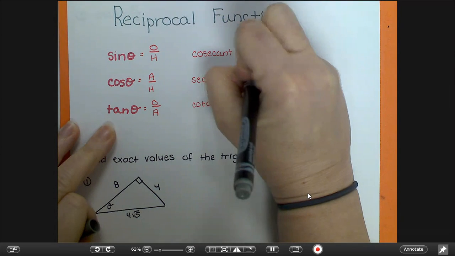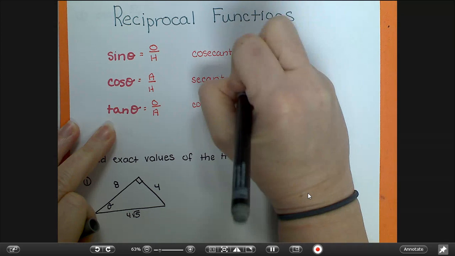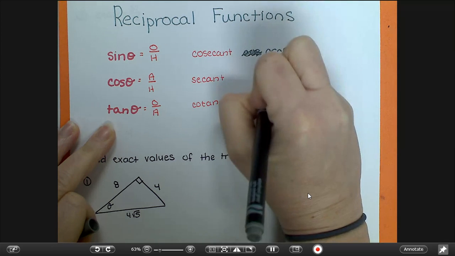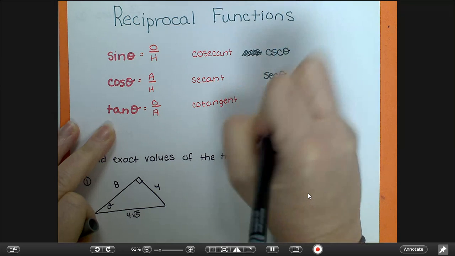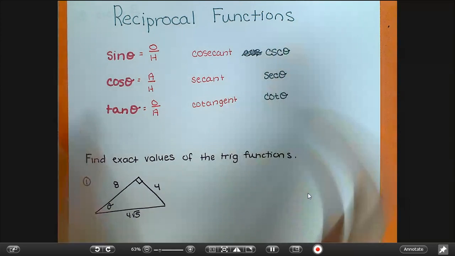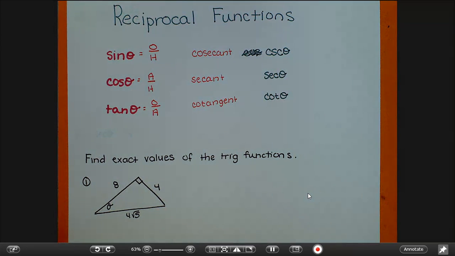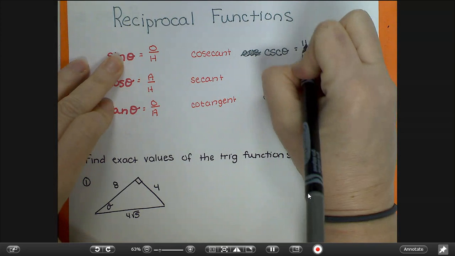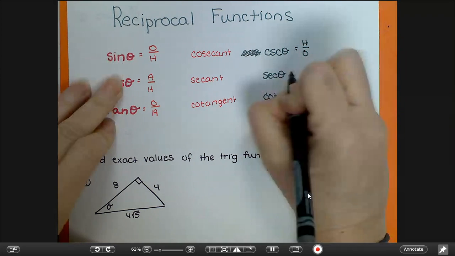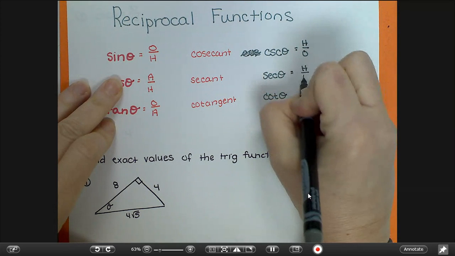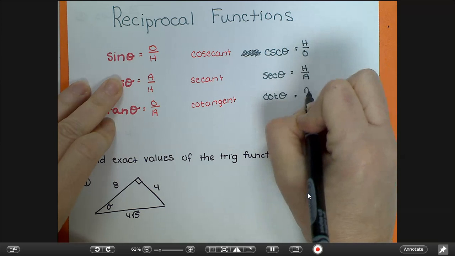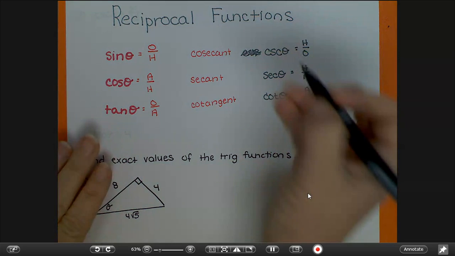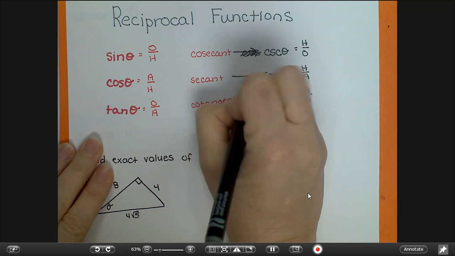We have cosecant theta, secant theta, and cotangent theta. All right. So in order to do those, they are the reciprocal of the others. So hypotenuse over opposite, hypotenuse over adjacent, and adjacent over opposite. So that's what they are.